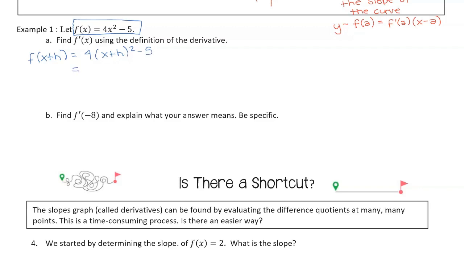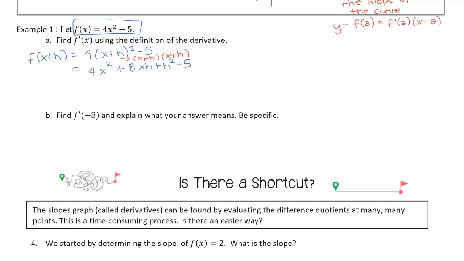And to save time, I have already multiplied this all out. It is going to be 4x squared plus 8xh plus h squared all minus 5. Just a quick reminder, this is x plus h times x plus h.